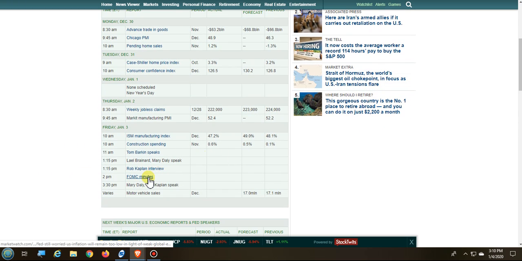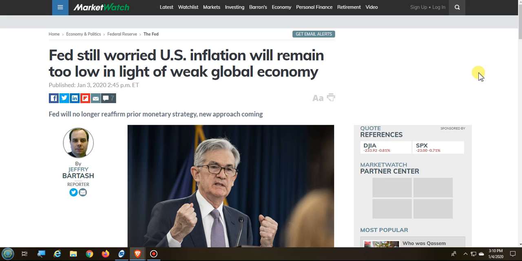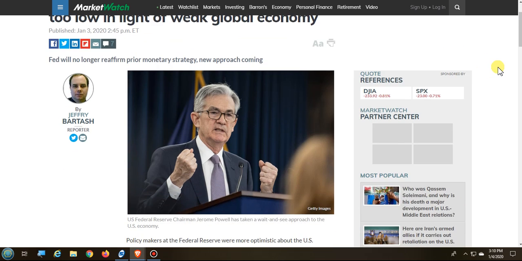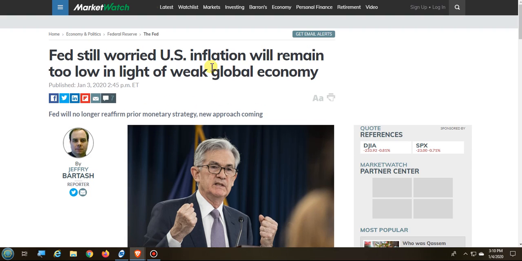the FOMC minutes come out, and the Fed just sounded very accommodative in the Fed minutes. They're still worried about inflation. They want more inflation, and they're not getting it. And it's been baffling them since the 2008 crisis, or shortly thereafter, if you ask me. They figured all the QE and so on should be helping inflation.